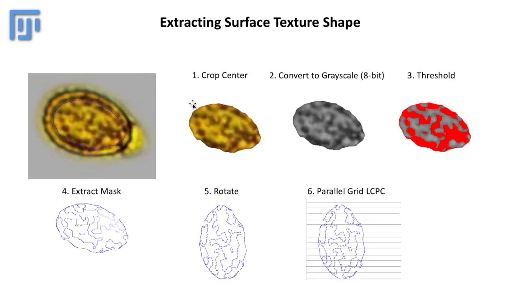And so what I would do is I would crop out the inner part of the spore to get rid of the rim, and then I would turn that to grayscale, and then I would threshold for brightness, and that would allow me to create a mask, okay, of the texture within the spore. I would then rotate this to be vertical, and then I would apply the parallel grid LCPC system, okay, in Shape Genie. So you see, even texture can have a shape.